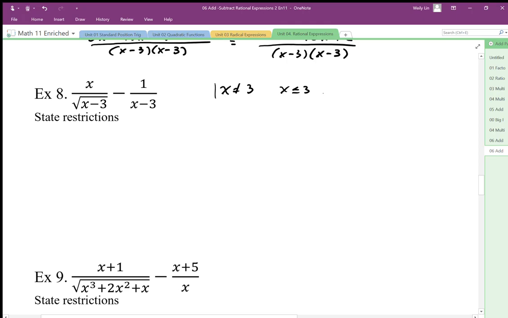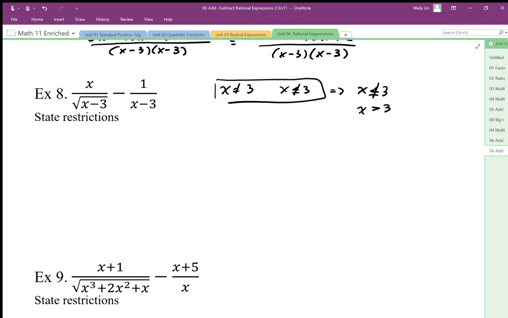Okay, so putting those together, we end up with x is not equal to or less than 3. Or we can say the reverse, x must be greater than 3. Okay, so x is greater than 3, we're not dividing by 0, and we have positives in the square root. Okay, so there's our restriction to start. So we're going back to our radicals unit to state this restriction here.